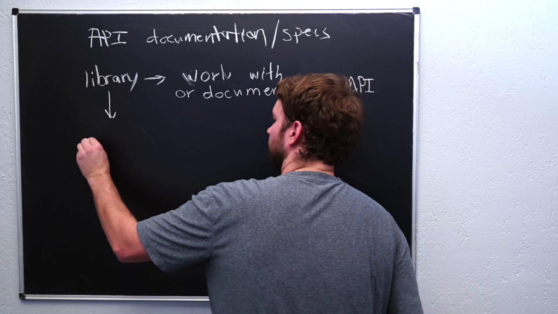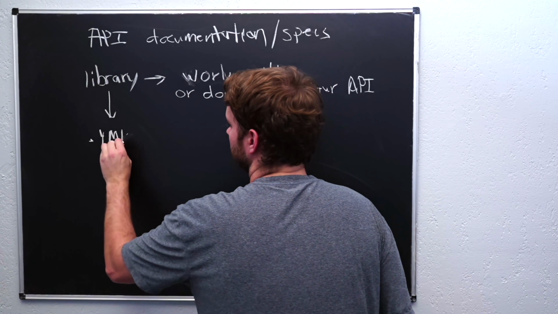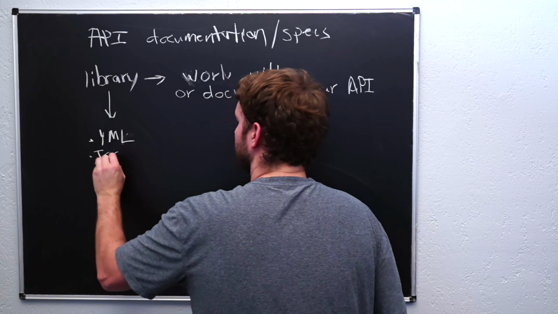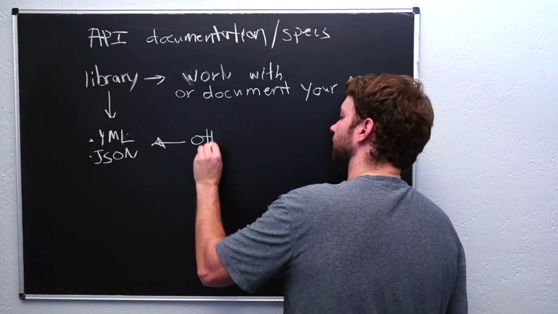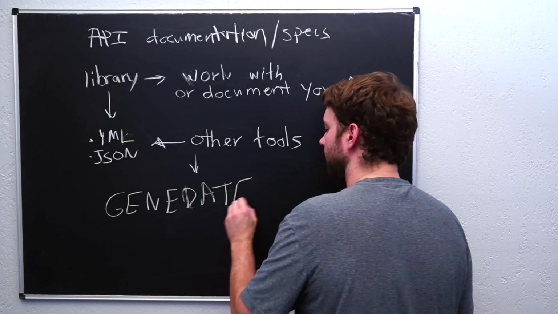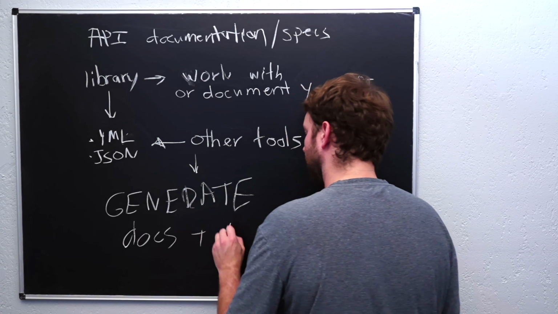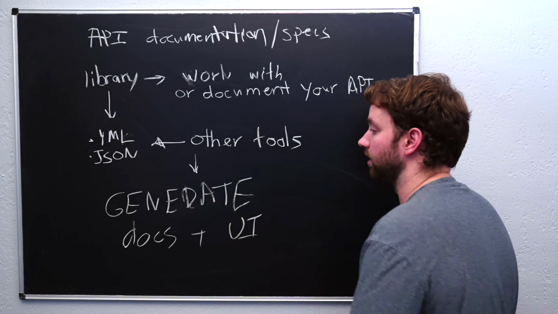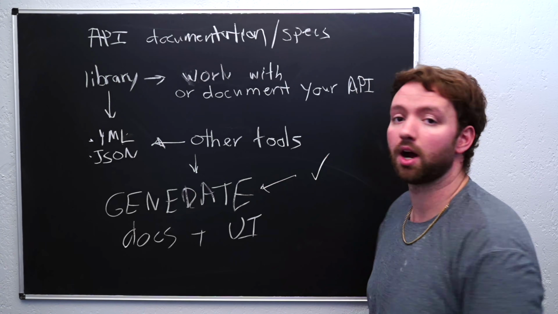So your library might be able to generate a YML or .json file, and this can then be read by other tools to generate docs and interfaces to work with the API. This is huge. Anytime you can generate stuff, you should probably do it.